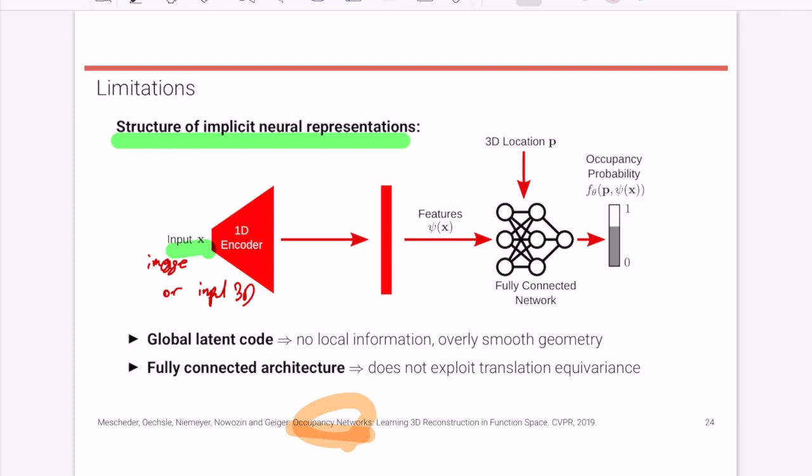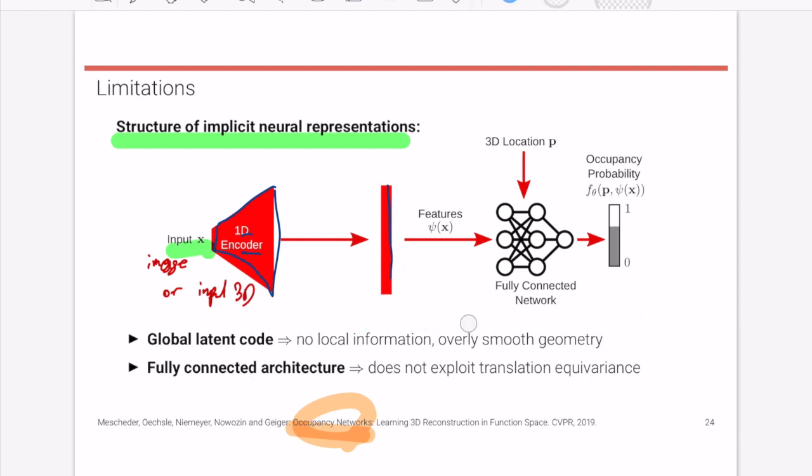Then by using some function or neural network, we extract a 1D feature vector. We can call this a 1D encoder, or this 1D feature vector is going to be the global latent code. Let's write that.